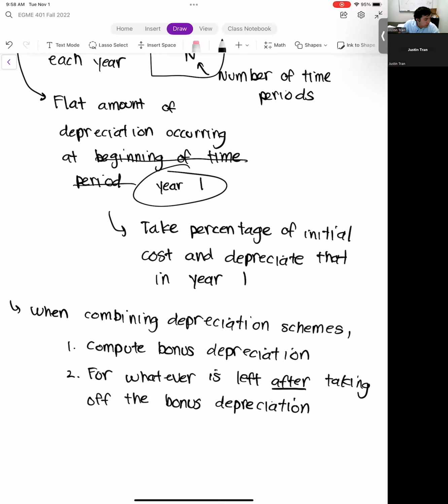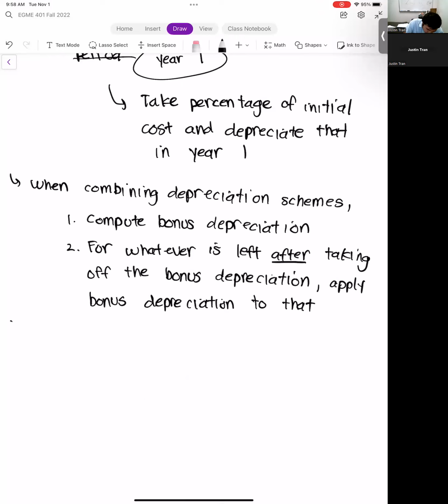Whatever's left after the bonus depreciation, you apply the straight line depreciation to that. So that's just a very quick example.